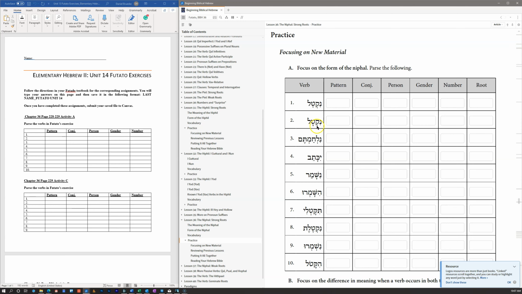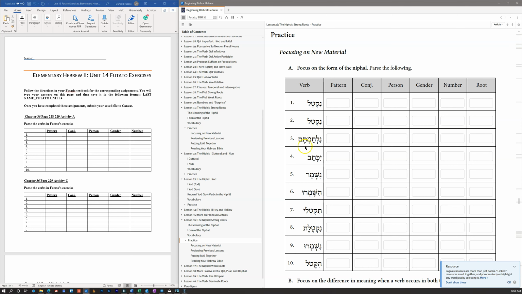Now it's a little tricky because most of our stems or patterns have the mem prefix for the participle, but the Qal active, Qal passive, and Niphal participles do not have that mem prefix. And so here the difference between the Niphal perfect 3ms and the Niphal participle, masculine singular, is going to be that patach versus that qamets.